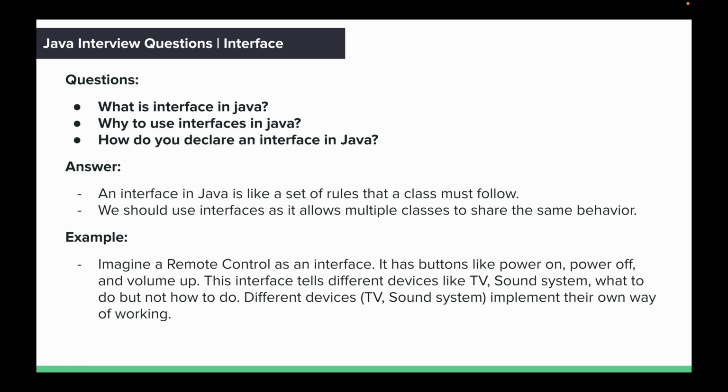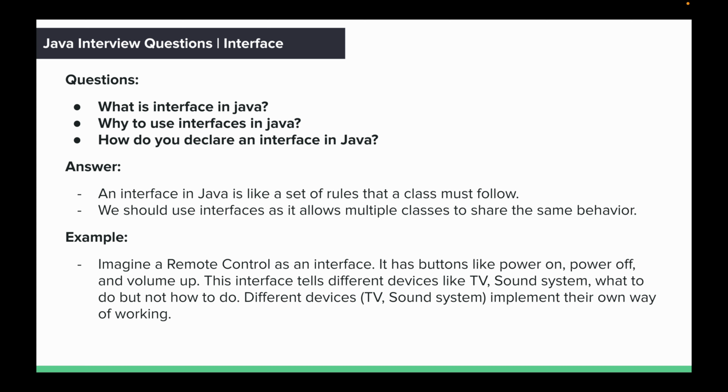But it is not telling how to do it. It is up to the TV and sound system themselves how to perform the actions. Different devices implement their own way of working. So this is how an interface basically works in Java.